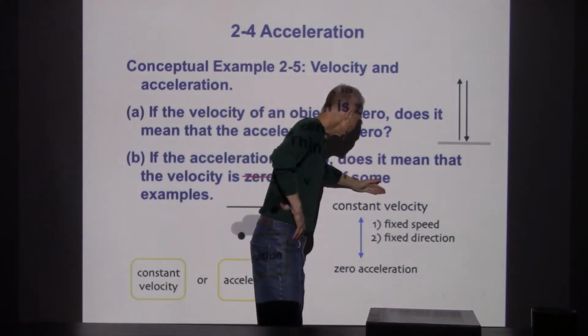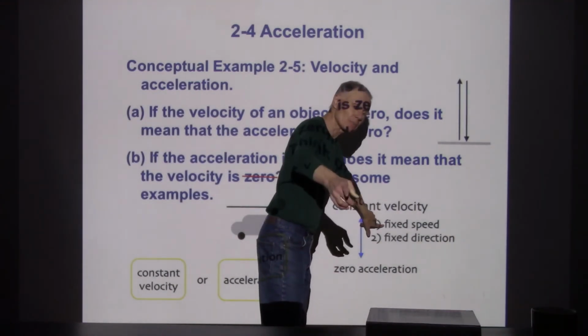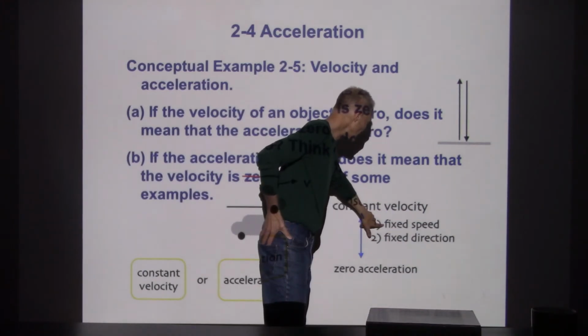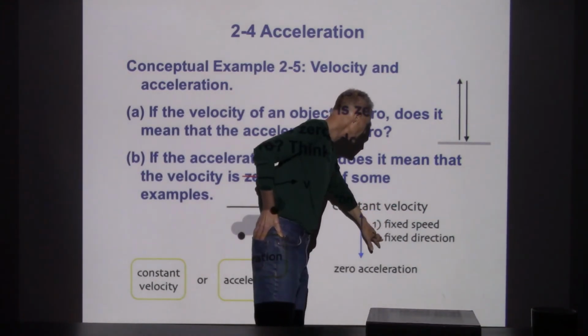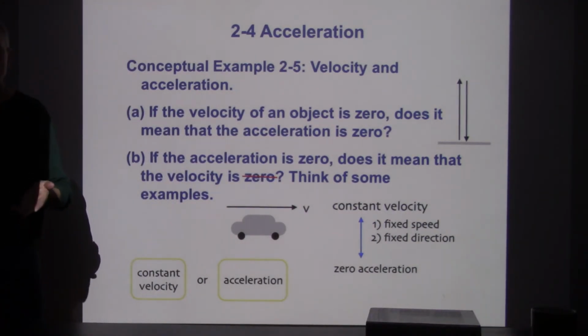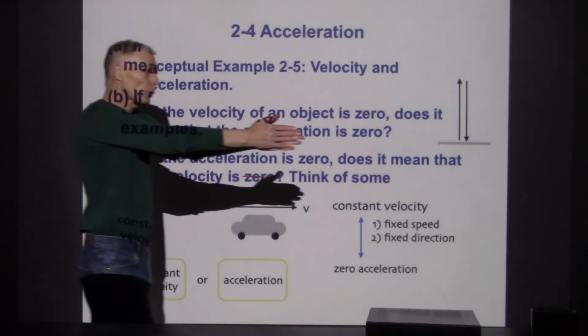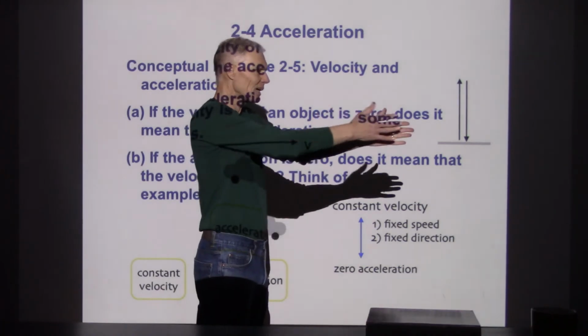Constant velocity requires that there be a fixed speed, and that speed could be 0, but more generally, any constant speed, and it's got to be in a straight line. So to be truly constant velocity, you can't be turning in different directions. For example, let's say I have a velocity here and I'm going in what I've decided to be the x direction.